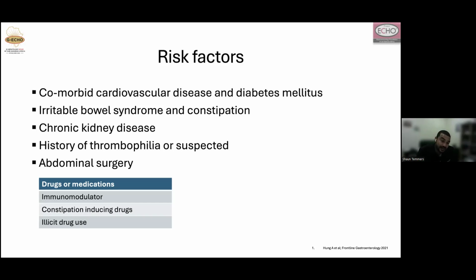And then illicit drugs have also been implicated, again specifically for vasoconstrictive effects, such as cocaine. So these are the important classes of drugs that you should look for, but there's a whole list of drugs that can cause this, which is available on the AJG website.